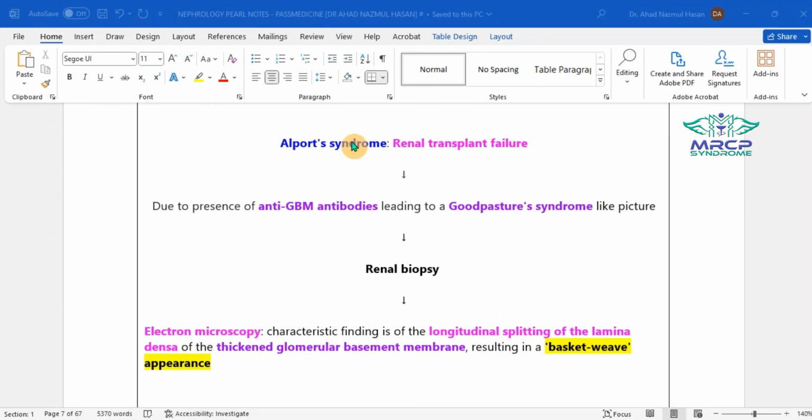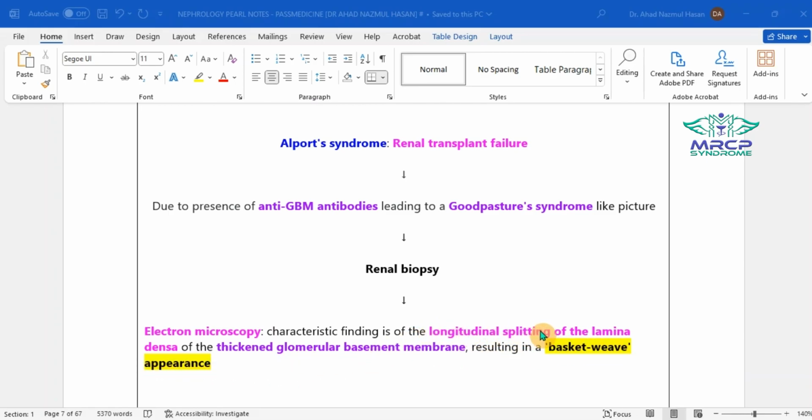Patient with Alport syndrome may present as renal transplant failure due to the presence of anti-GBM antibodies leading to a Goodpasture syndrome-like picture. And if we go for the renal biopsy, the electron microscopy will show the evidence of longitudinal splitting of the lamina densa of the thickened glomerular basement membrane, resulting in a basket-weave appearance.